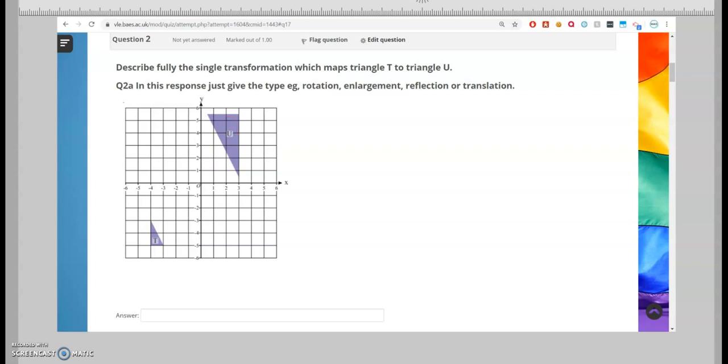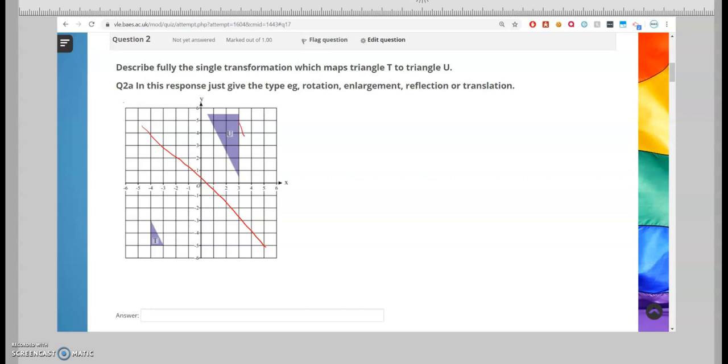So if triangle T was reflected maybe on the line minus x equals y, or y equals minus x, then it would look slightly different.